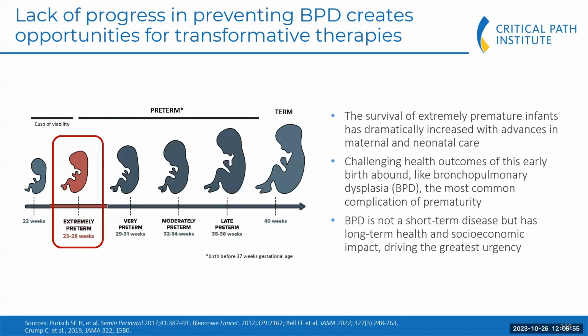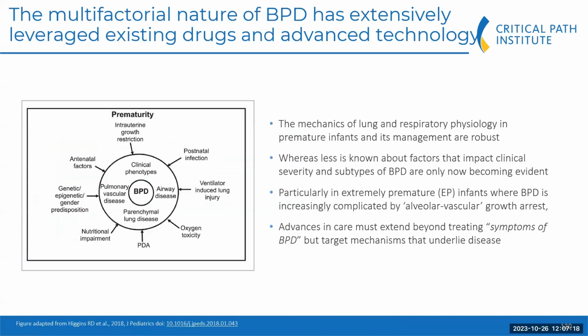And depending how you look at it, those numbers are actually increasing. And this isn't just a short-term problem that you encounter in the neonatal intensive care unit, but it has long-term impact and matters significantly in terms of its impact on both society and on patients and their families.